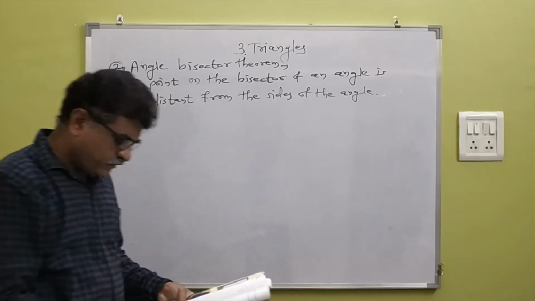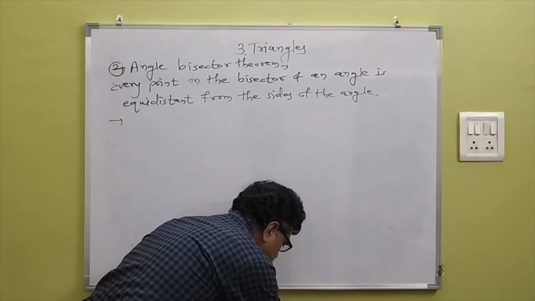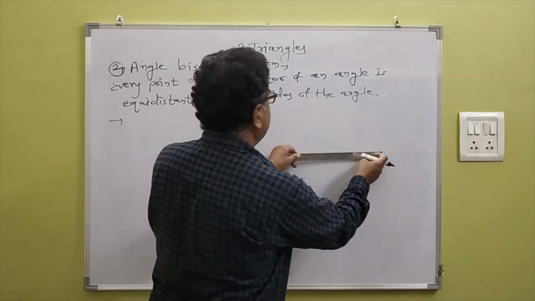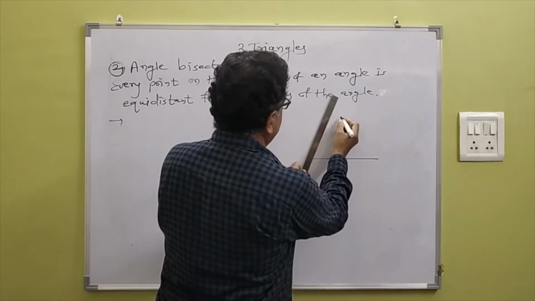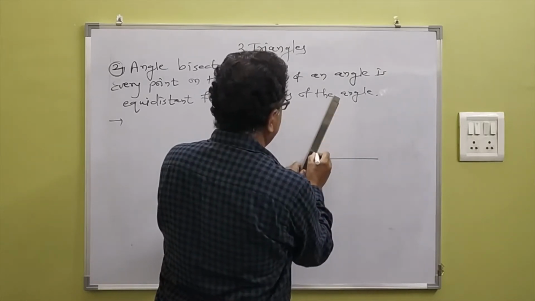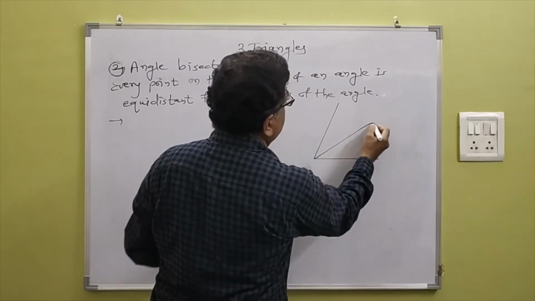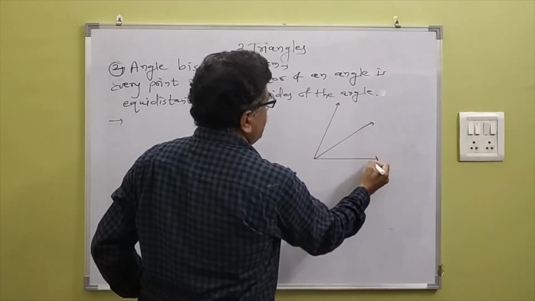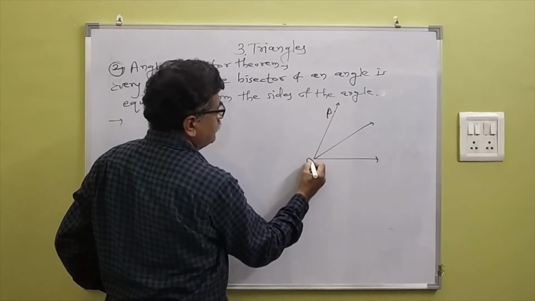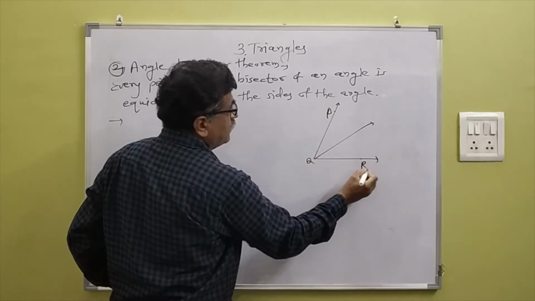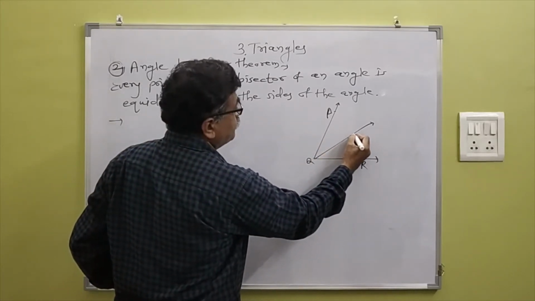Now first draw the figure. We have given angle PQR. QS is its angle bisector.